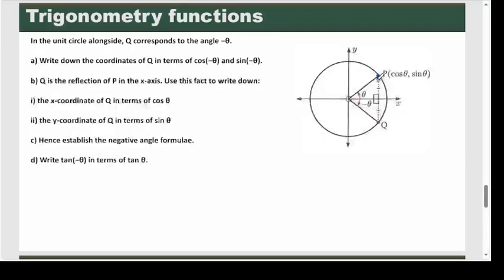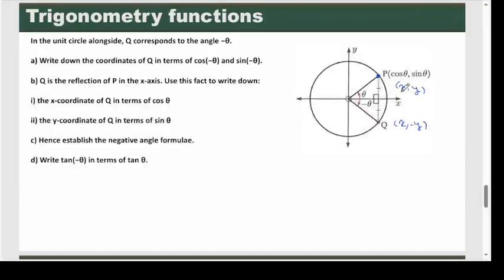Reflect across the x-axis. So for the coordinate, we will see the first term doesn't change. For example, if I have here x and y, when I reflect across the x-axis, I will have x and negative y.